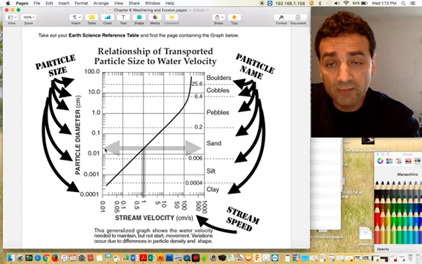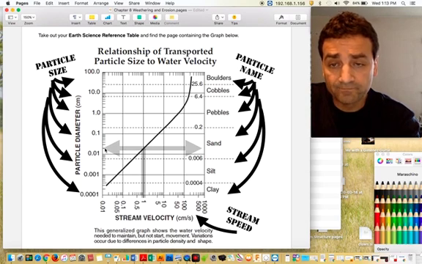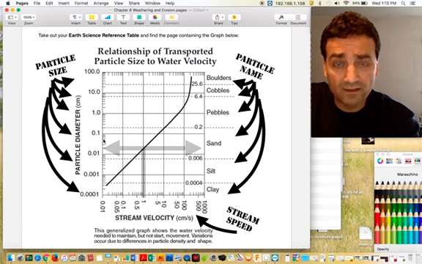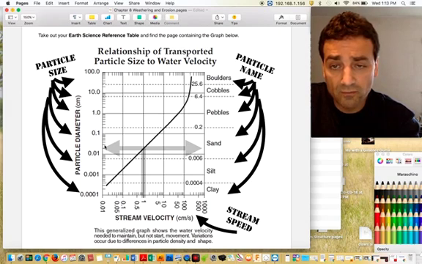Well, if this is 0.01 and that's 0.1, that means that each one of these is worth 0.01 in value. For example, this is 0.01, 0.02, 0.03, 0.04, 0.05, and so on.